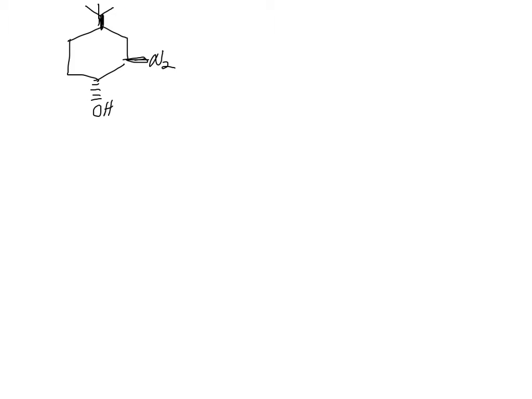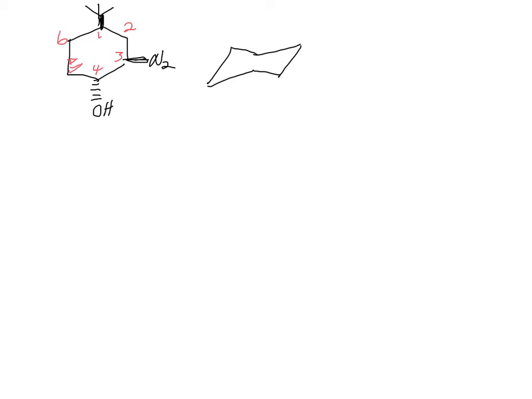The other thing, of course, you should do is number your carbons. Good. Get your carbons numbered, and then I would just start drawing a chair conformation. So you draw a chair.